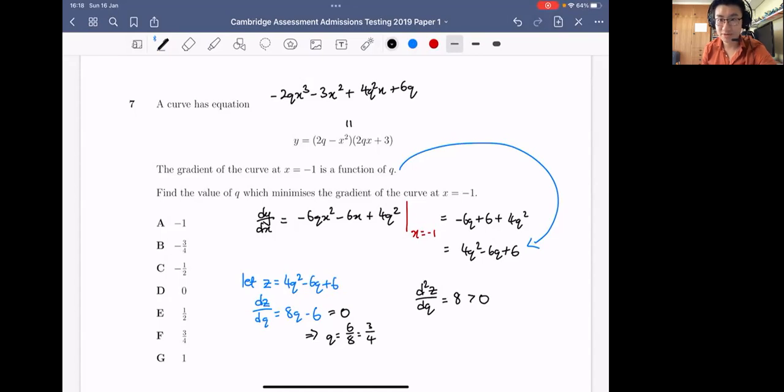So if the second derivative of a point is greater than 0, then that point is a minimum. And if the second derivative of a point is less than 0, then that point is a maximum. And in this case, since it's always greater than 0, this implies that 3/4 is a minimum. So I don't know if that's cheating a little bit, but I'll go with it.